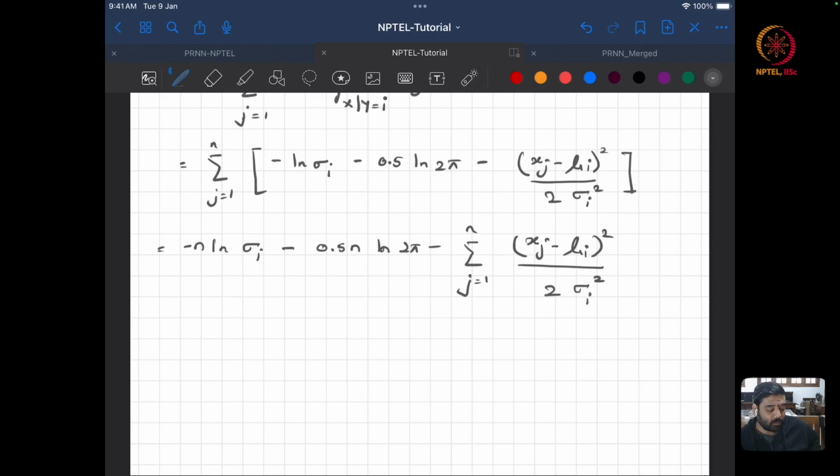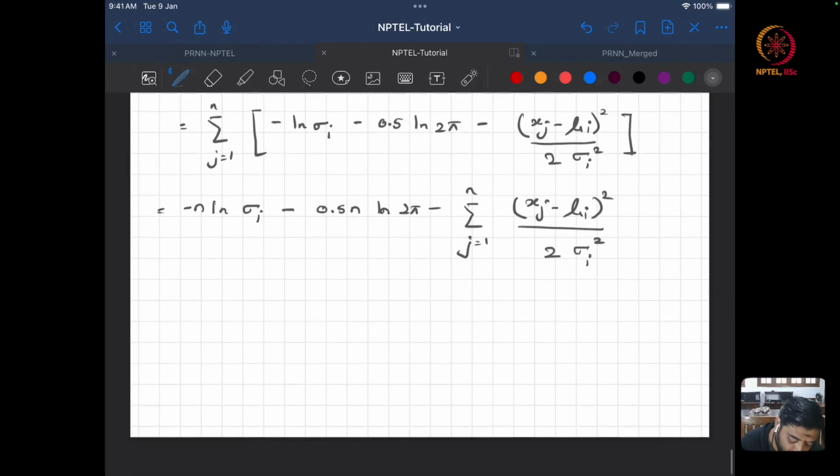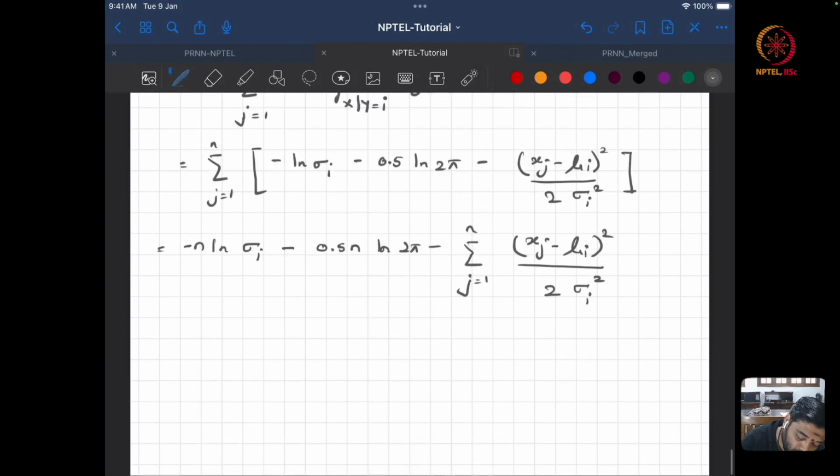Okay, so now this is the log likelihood. Now you have to maximize this log likelihood. So what are you supposed to do? You take the partial derivative with respect to the parameter and equate it to 0. Okay, so how do we do it?